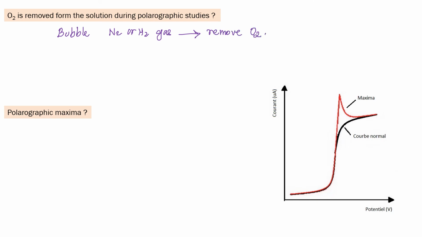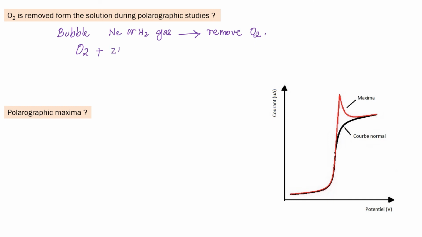Now, if oxygen is present, I've already mentioned that it can interfere with the analysis. That is, it is also an electroactive species, so it can undergo electrooxidation or reduction. The reaction that corresponds to this reduction or oxidation is also important. You can just note down the equation.